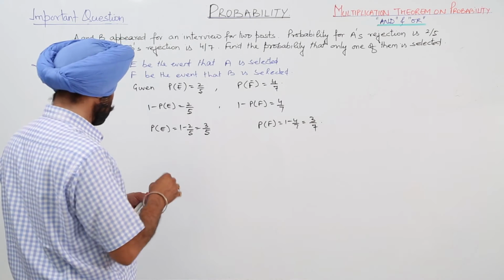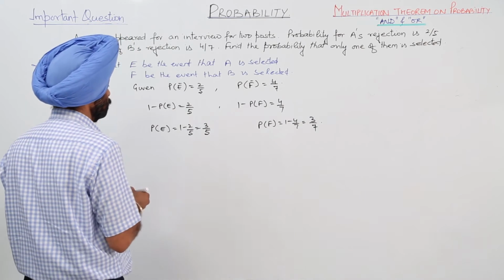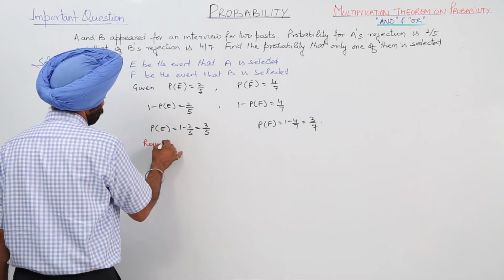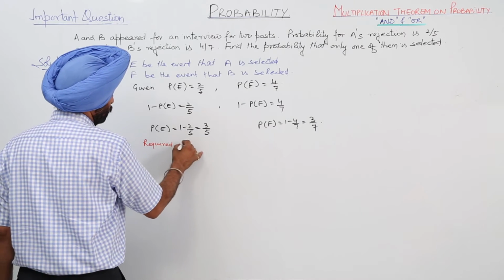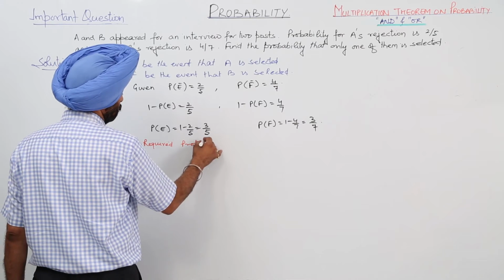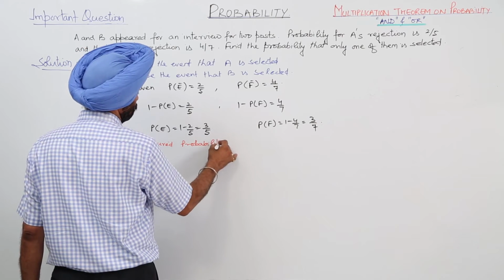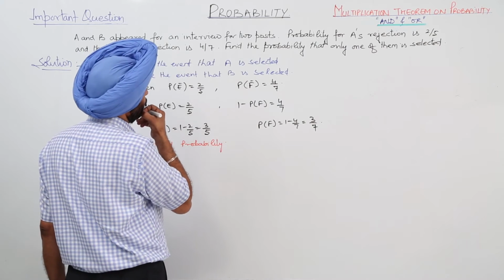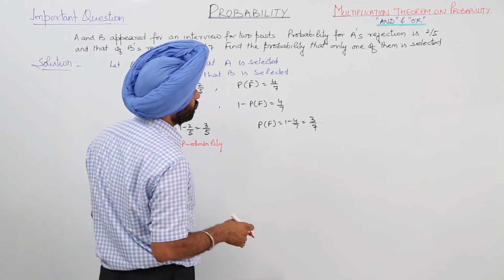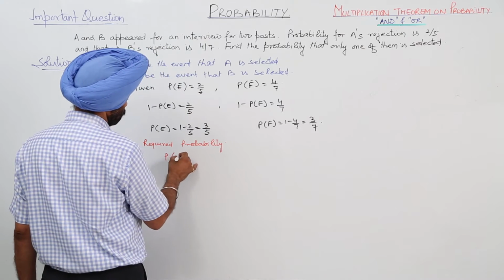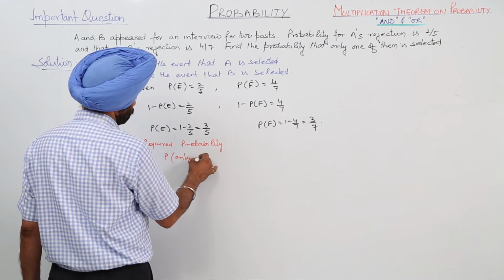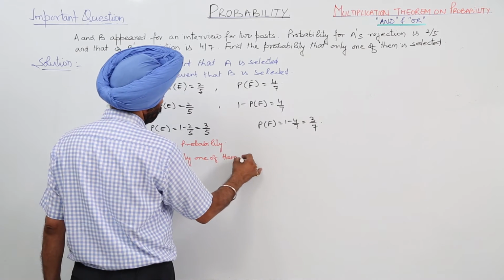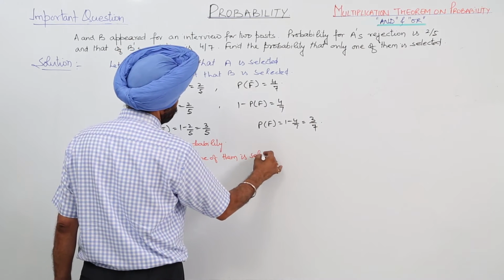Now, required probability P, only one of them is selected.